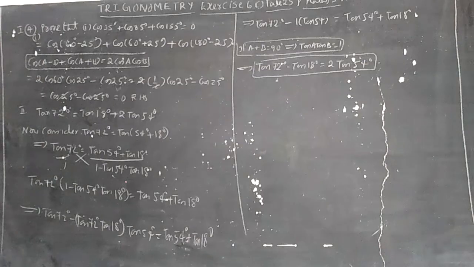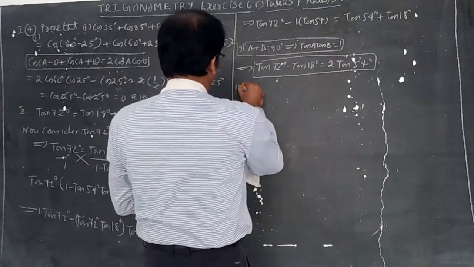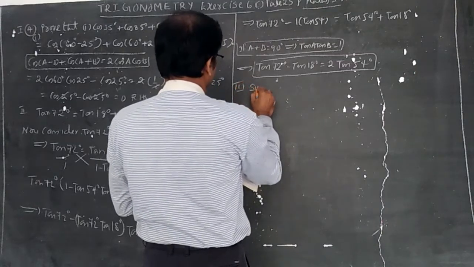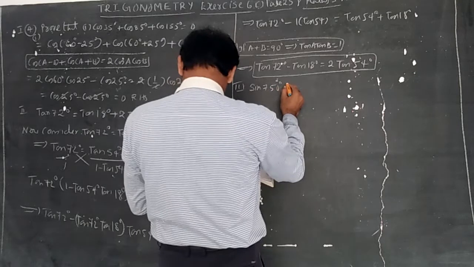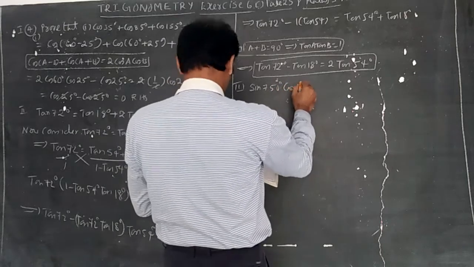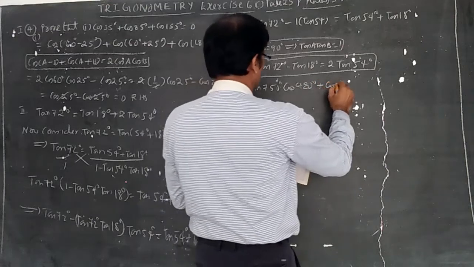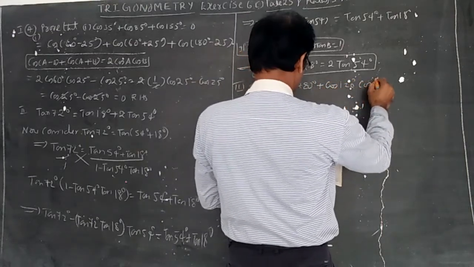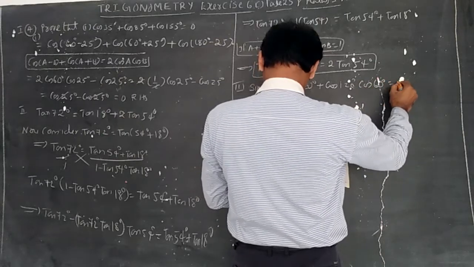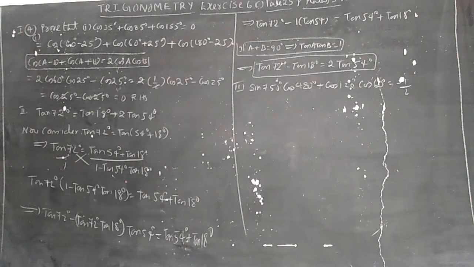Now, fourth question, third one. Prove that sin 750 degrees into cos 480 degrees plus cos 120 degrees into cos 60 degrees is equal to minus 1 by 2. This is a proof.